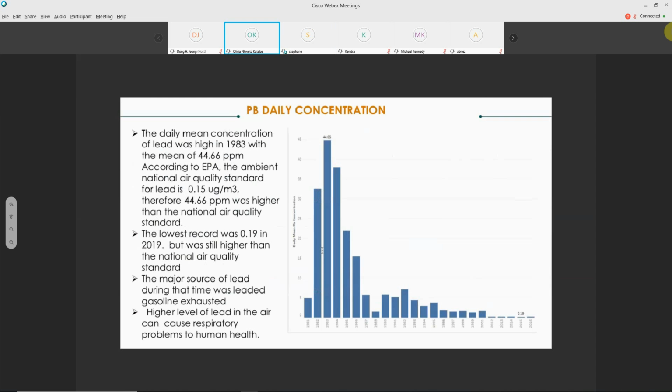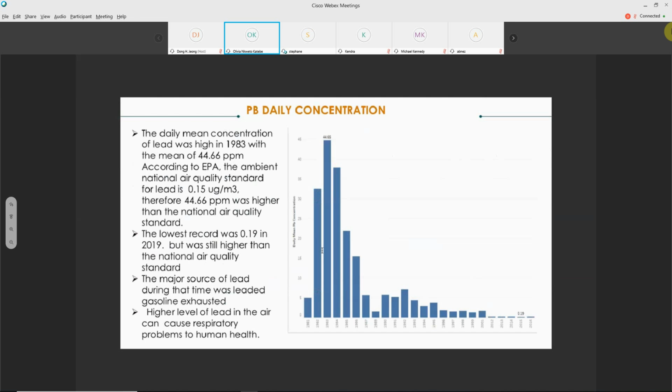When we look at the graph, in 1983 there was the highest record of lead, which was 44.66. And when we looked at the EPA ambient national air quality standard for lead, the mean that is considered stable or normal is 0.15.